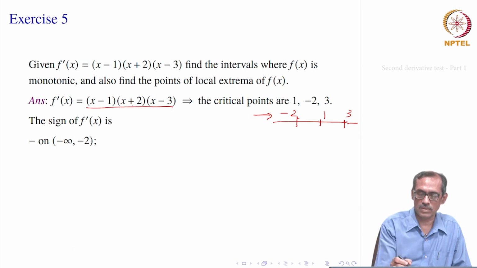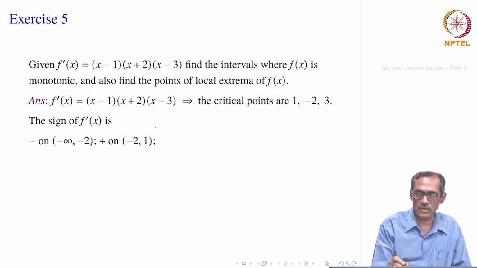Here x minus 1 is negative, x minus of minus 2 is also negative, and x minus 3 is also negative. So, f prime is negative on minus infinity to minus 2.